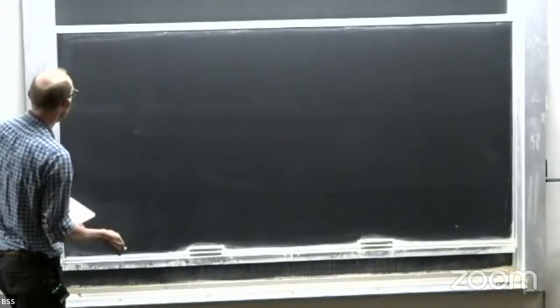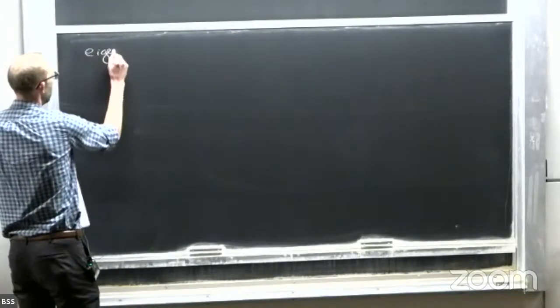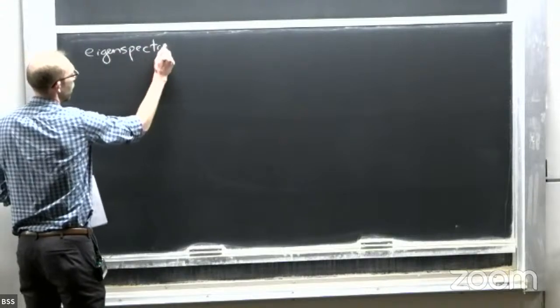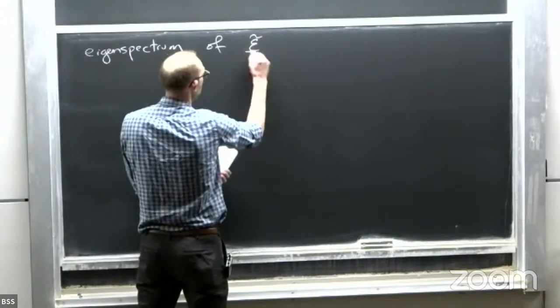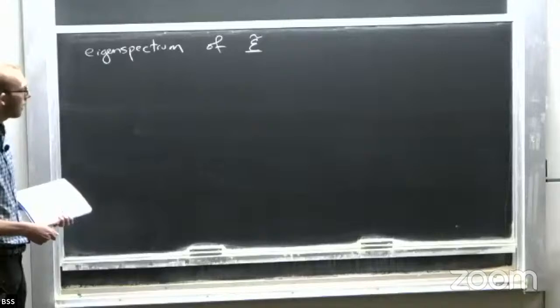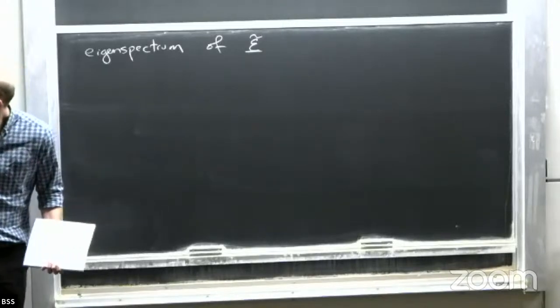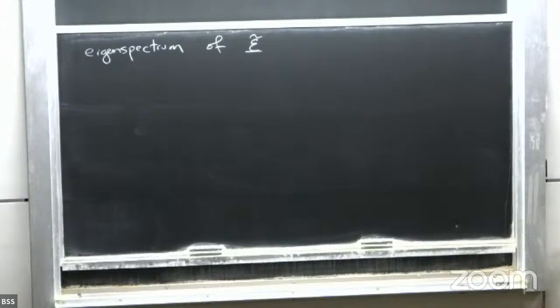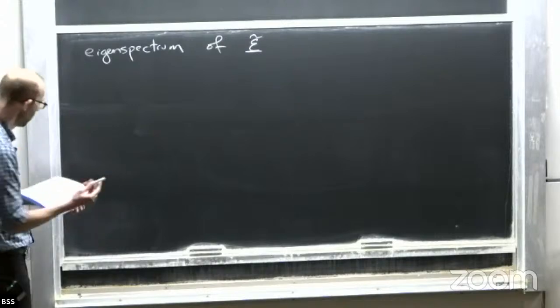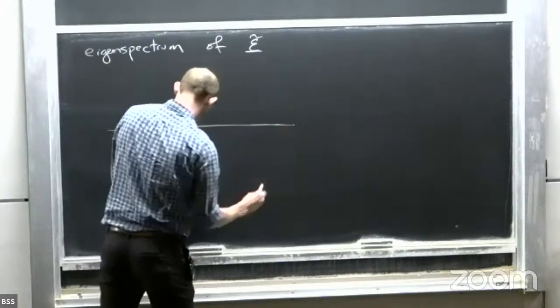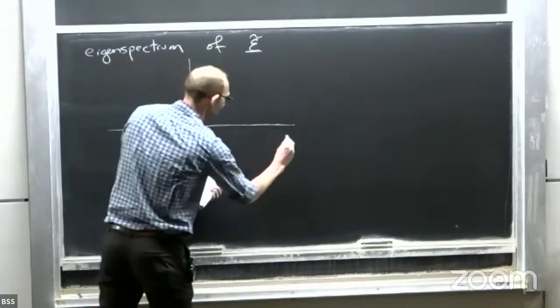Okay. So what we care about is the eigenspectrum of this matrix, right? And it turns out that if you have these conditions here, then in the limit that you have a very large number of distinct components, this spectrum converges to one of two possible forms. One looks like this, right?